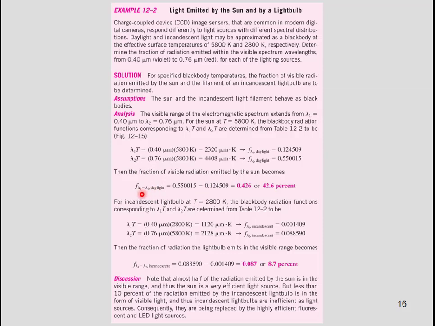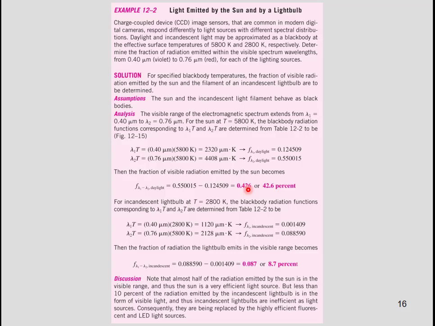So we can calculate F lambda 1 minus F lambda 2, this is for daylight, F lambda 1 for daylight minus F lambda 2 for daylight. We have already found them from the table. Then it will be equal to almost 0.42, or if we multiply by 100, it will be 42.6%.